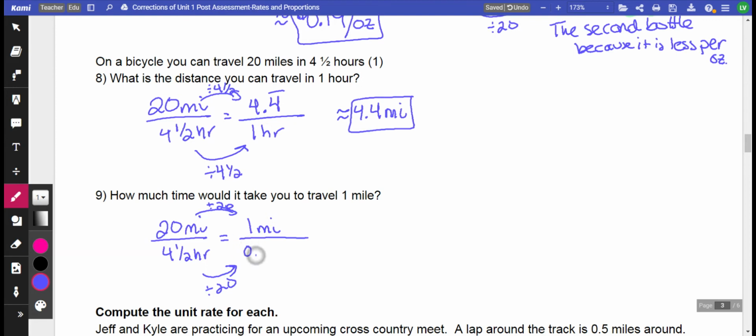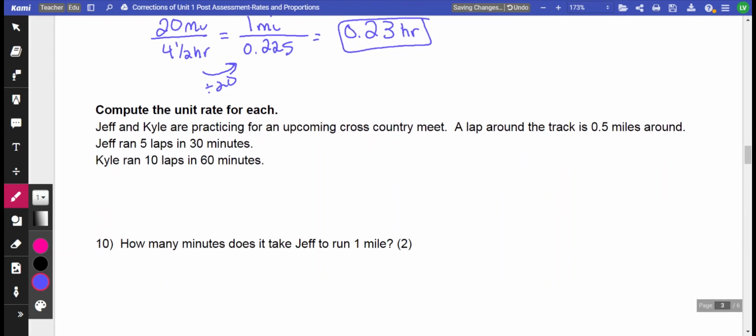That would leave me with 0.225, so about 23 hundredths of an hour. You could multiply that by 60, and that would give you 13.5 minutes. The reason why I'm multiplying by 60 is because there's 60 minutes in an hour.